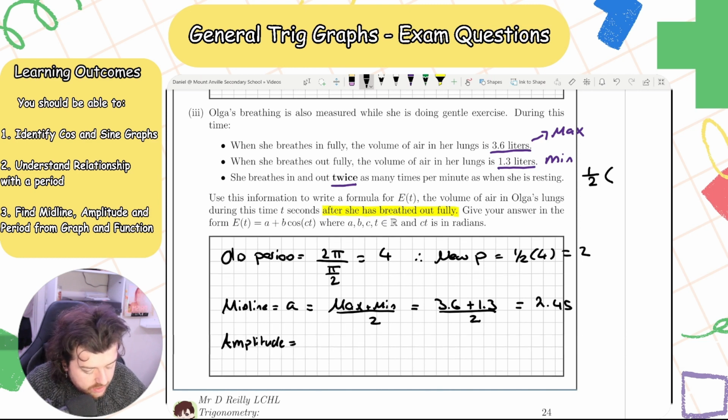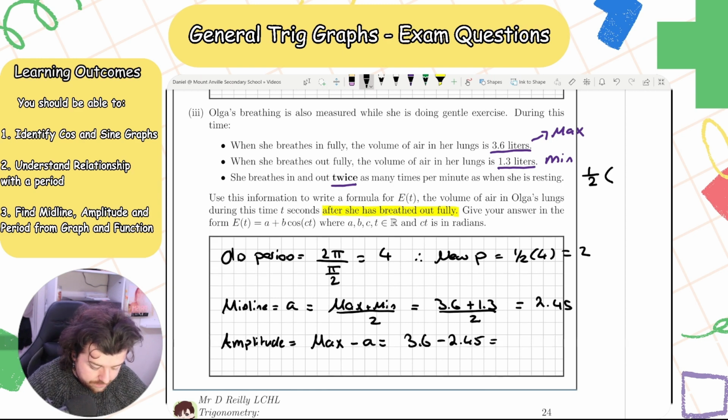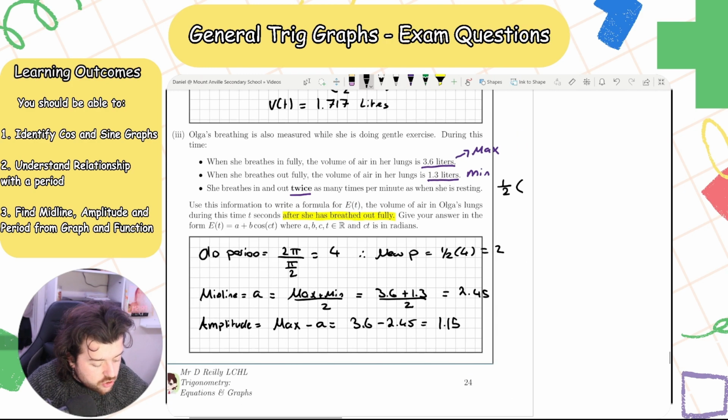My amplitude is equal to the height from my midline to my maximum. So it's my maximum minus A, which is 3.6 minus 2.45, which gives 1.15.